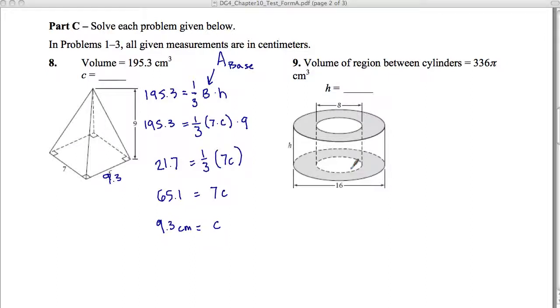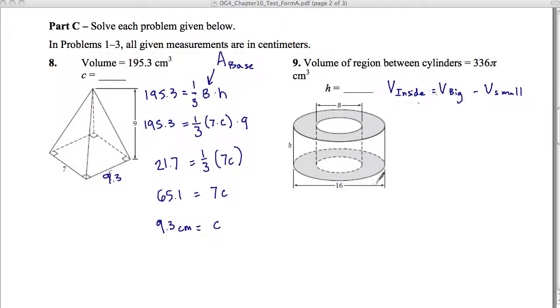And on number 9, I'm going to start with just a general equation here. This is the volume of this inside region, the region between the cylinders. So I'm going to say volume inside is equal to the volume of the big cylinder minus the volume of the small cylinder. Alright, so we want to find the volume of the big cylinder, volume of the small cylinder, and then go from there.